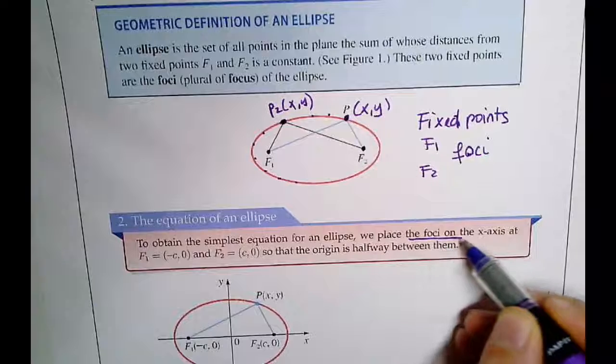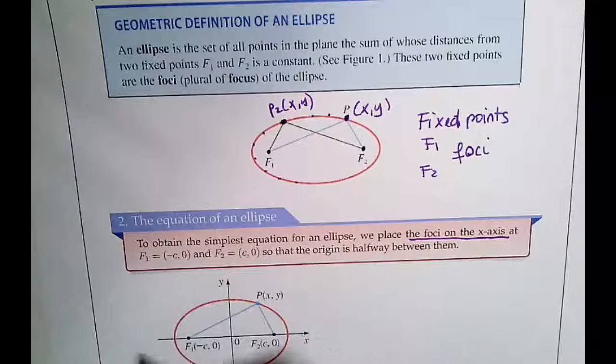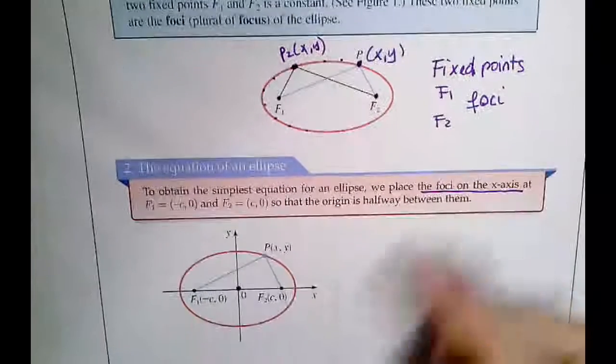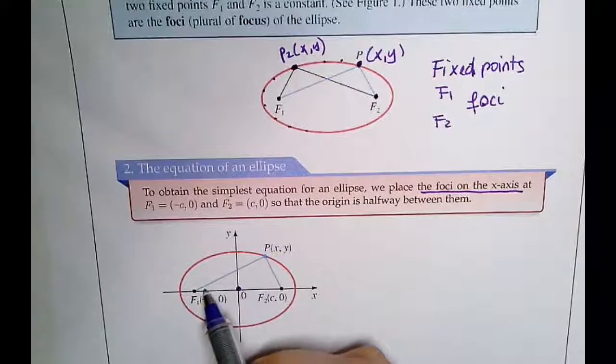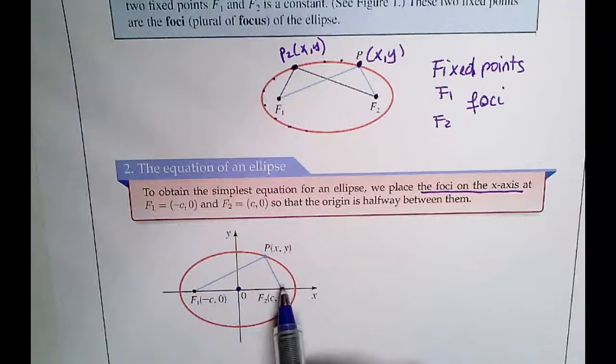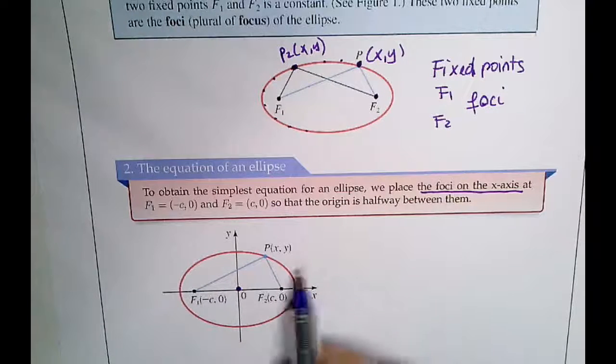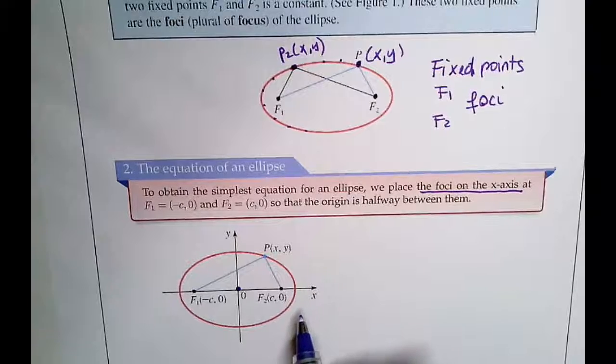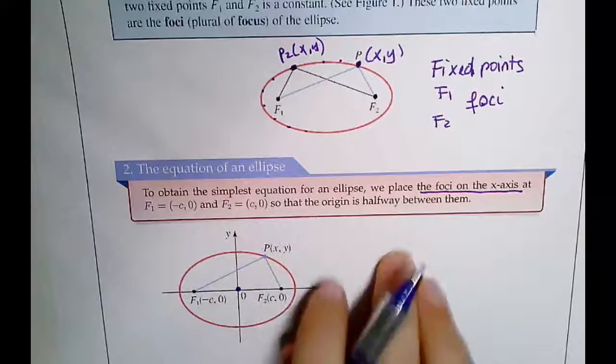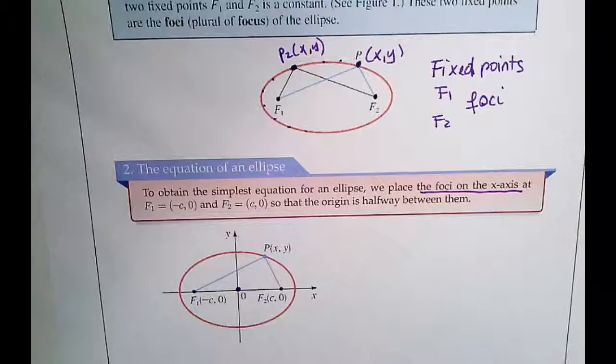So if we place them on the x-axis, so we're going to look at the center of the ellipse being at the origin of the plane xy, and we're going to place the focus f1 and the focus f2 on the x-axis. So this is what we're going to do for now, and then in section 11.4 we're going to let this move around and not just have it at the origin.